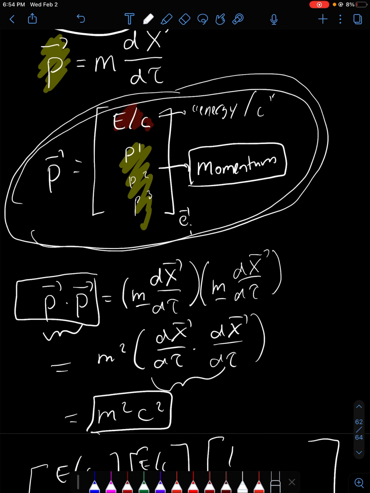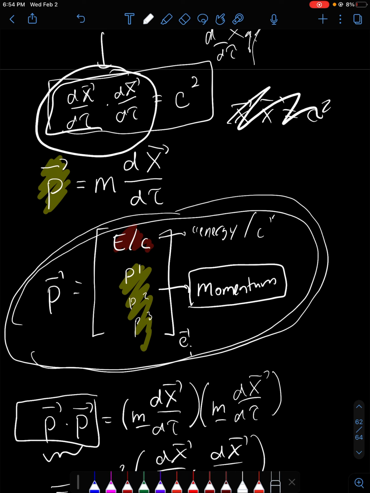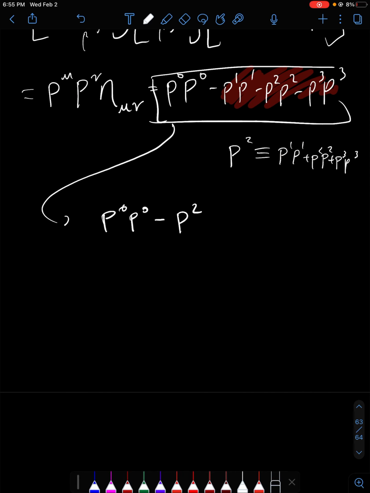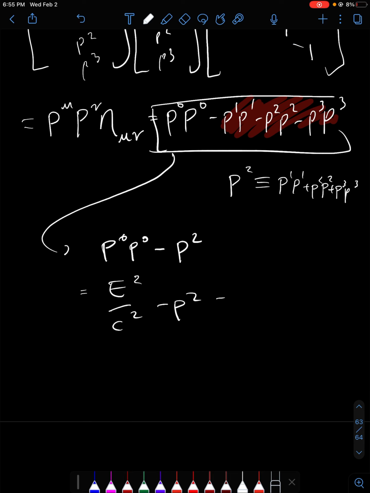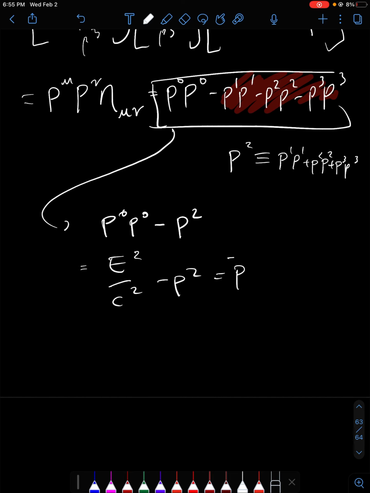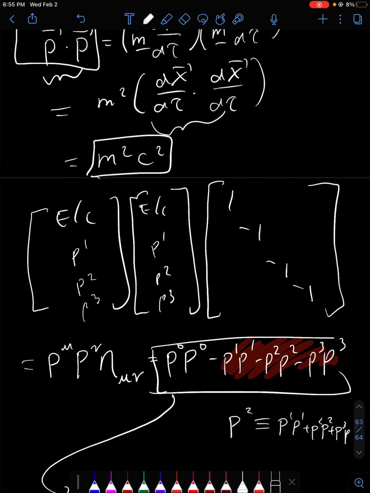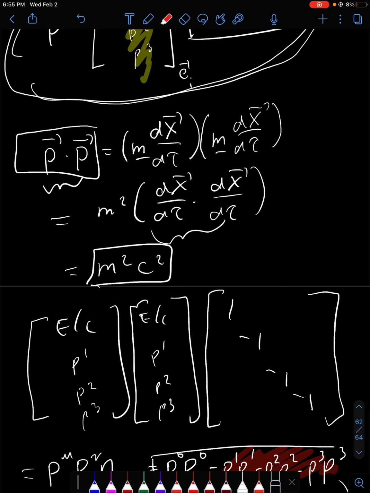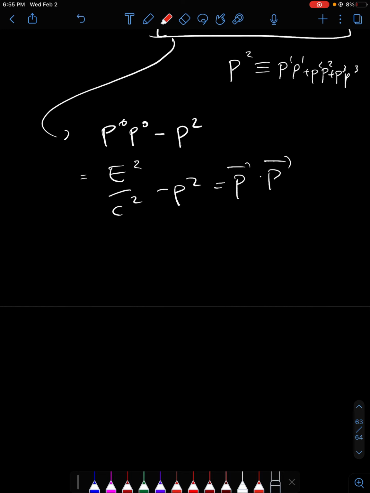And of course, remember that p0 is e over c. So this is just e squared over c squared minus p squared. And that is, of course, the dot product of the forward momentum with itself, right? Now recall that the dot product of the forward momentum with itself is m squared c squared.